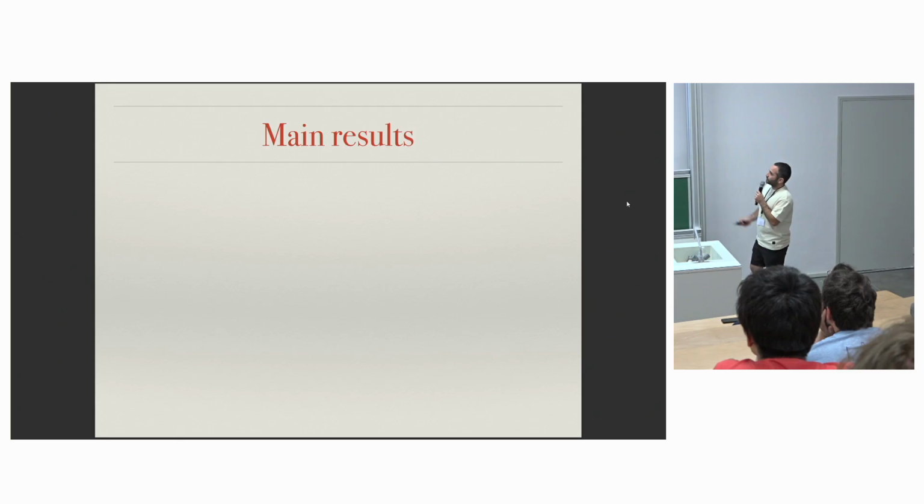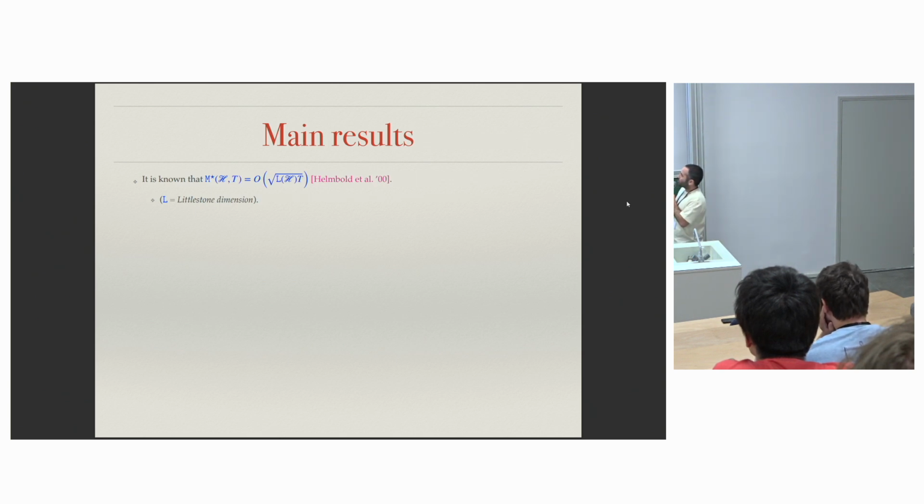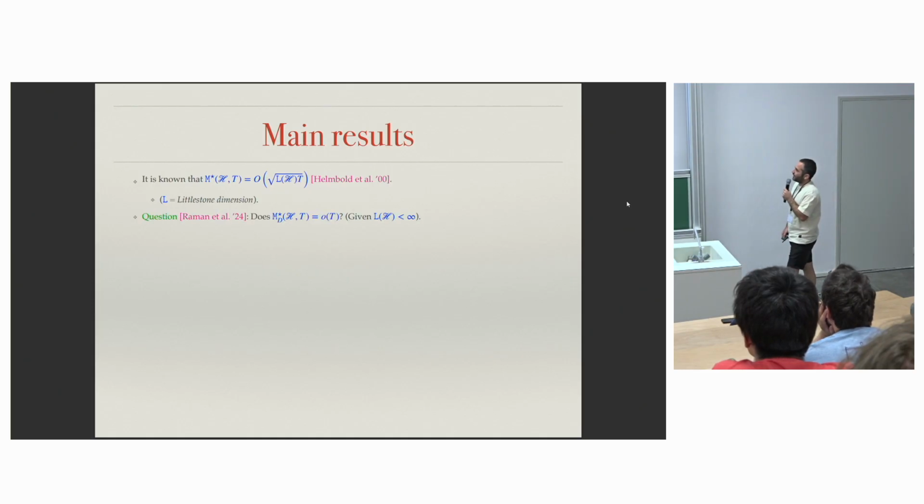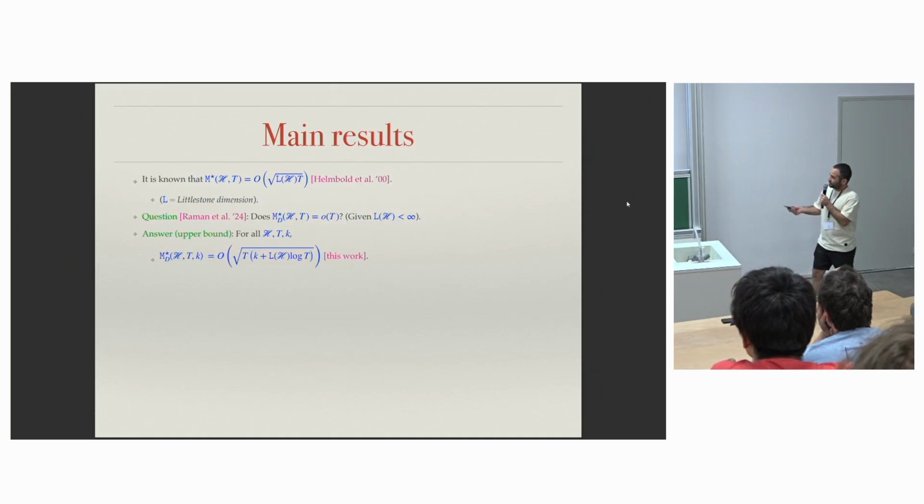Okay, now if I've convinced you that this is all interesting, then we can talk about the results. We know that the optimal randomized mistake bound is at most something like order of square root Littlestone T, from 2000, Littlestone dimension of the class, of course. And in COLT last year, Rahman et al. asked if we can get a vanishing mistake bound with respect to T, also using a deterministic learner.